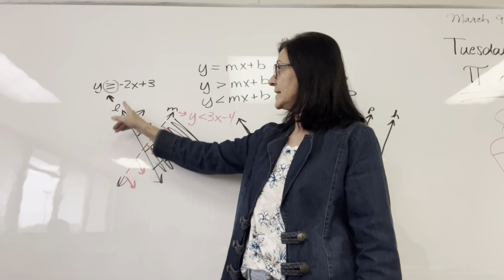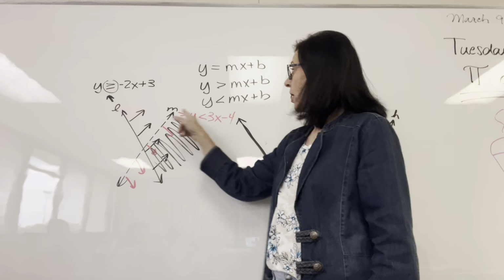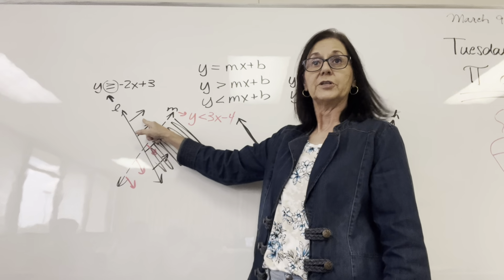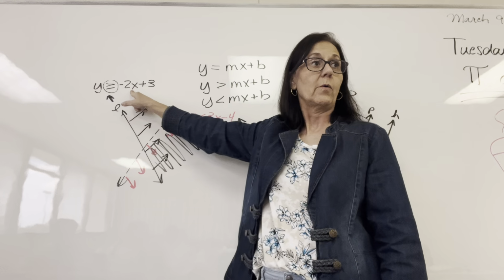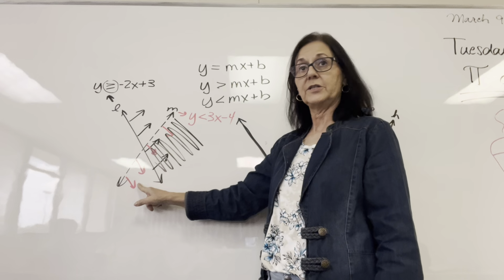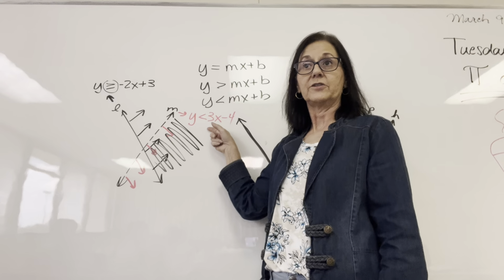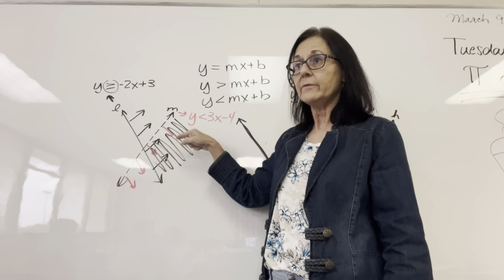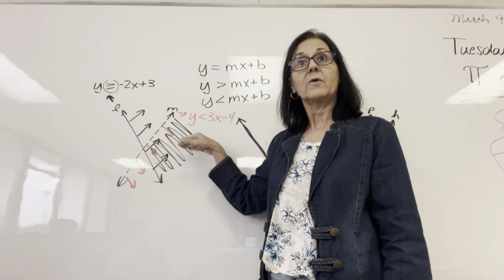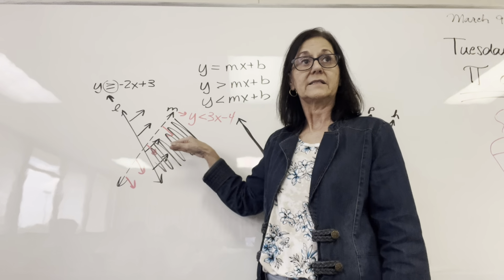This region is neither greater than or equal to that or less than or equal to this. This region only satisfies this equation. You see that? This region only satisfies this equation. This is the only region that satisfies both. And that's what we're graphing in this lesson.